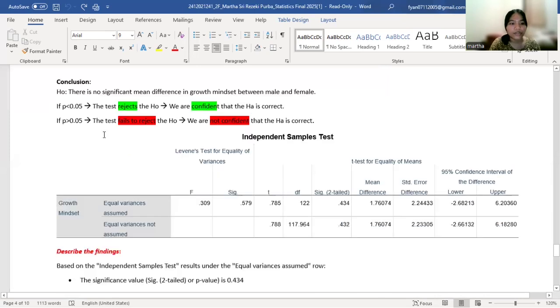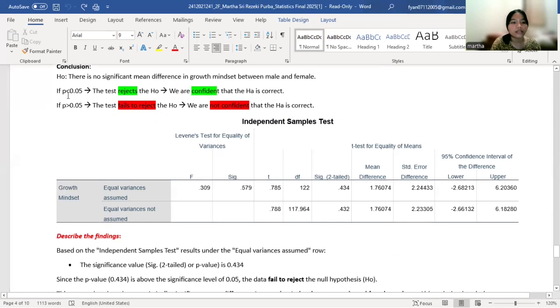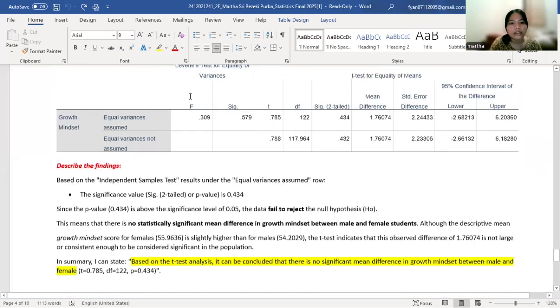If the p-value is below 0.05, the test rejects the H0, so we are confident that the HA is correct. But if the p-value is above 0.05, the test fails to reject the H0, so we are not confident that the HA is correct.